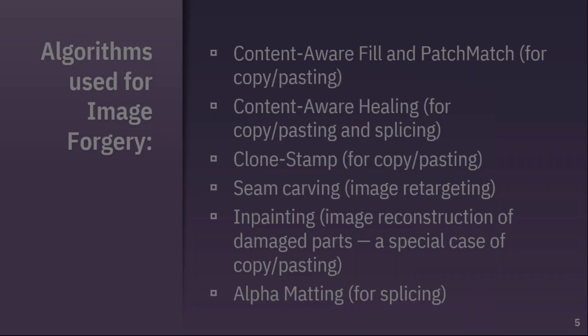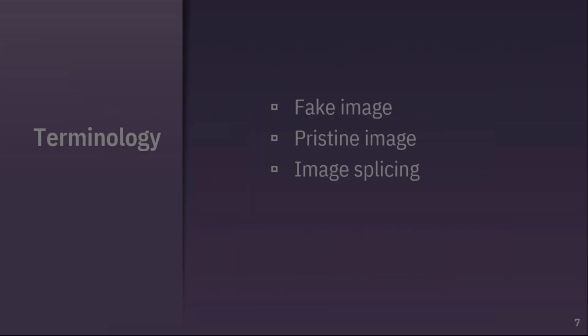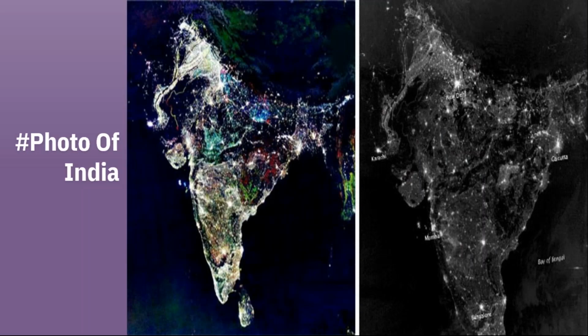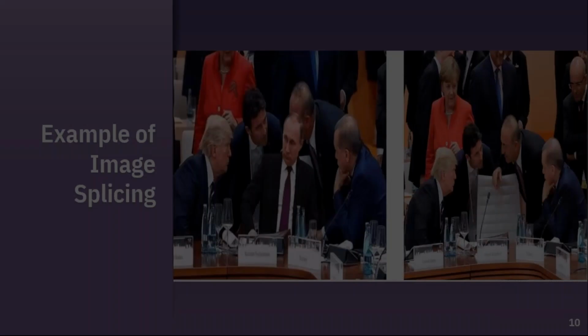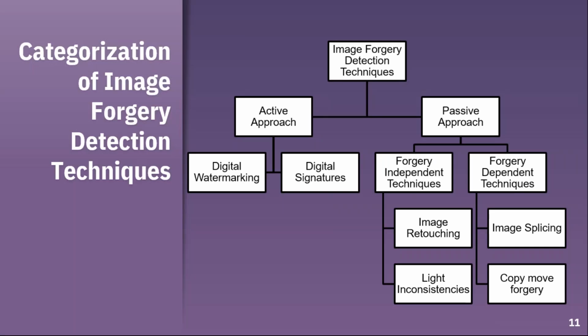To work with them, we have two types of techniques, active and passive. The difference is that in the active one, we are the owner of the images. We know which images have to be protected. We protect them using some watermark or digital signatures. Within those, there are many techniques, either embedding the watermark by modifying the pixels, or embedding the watermark without modifying the pixels.